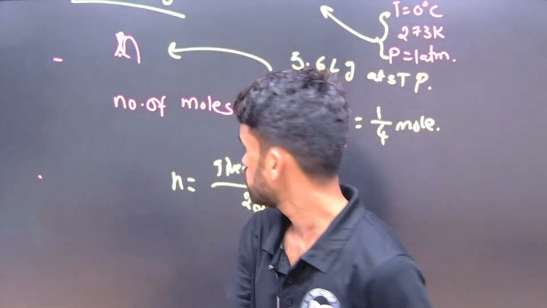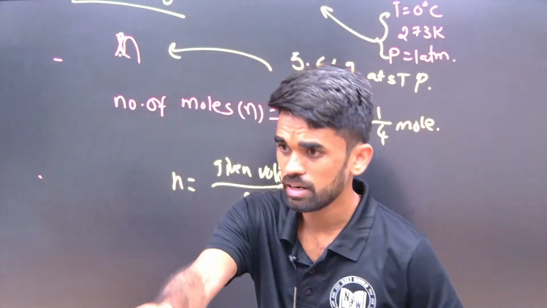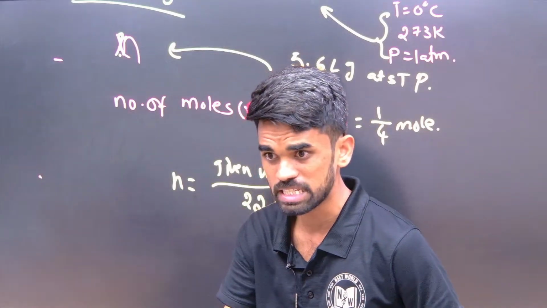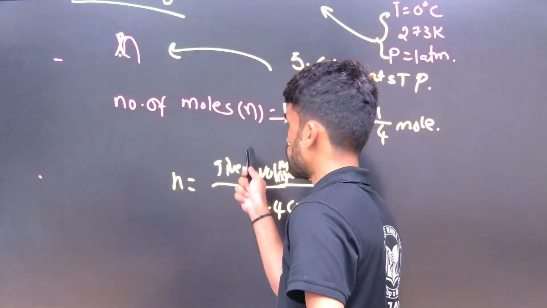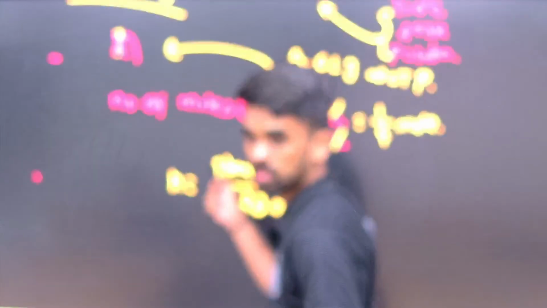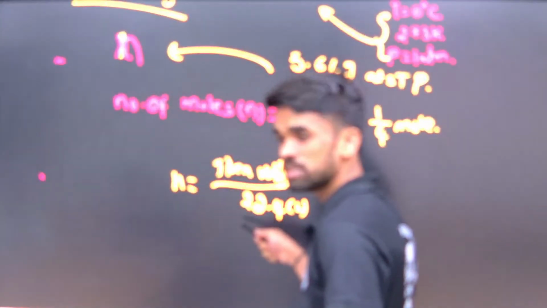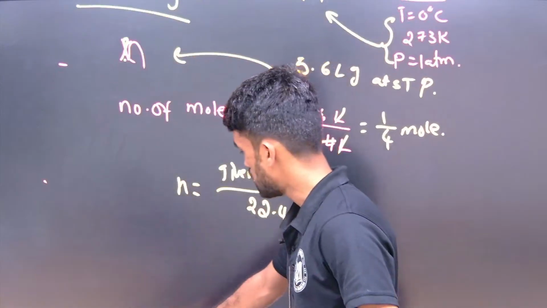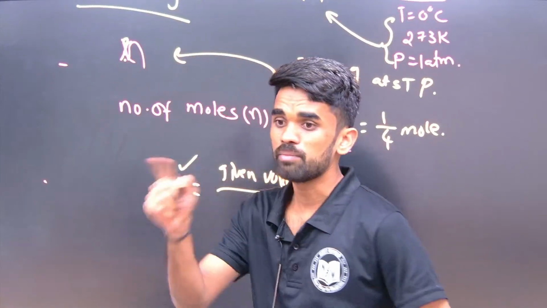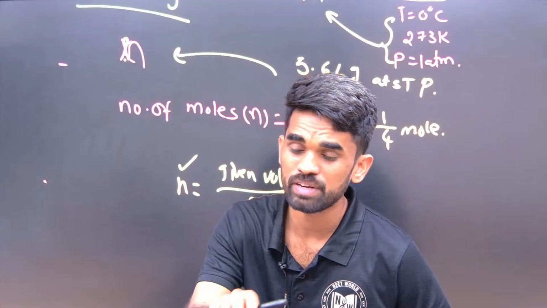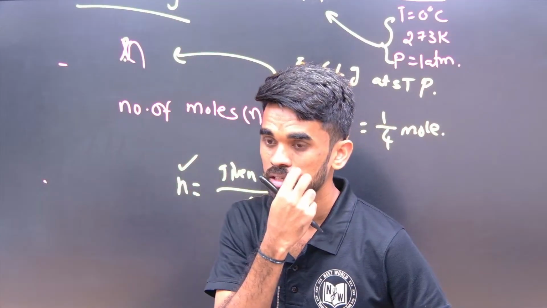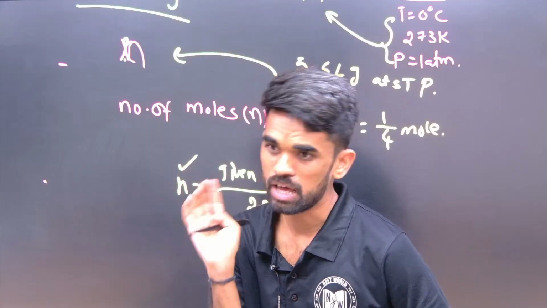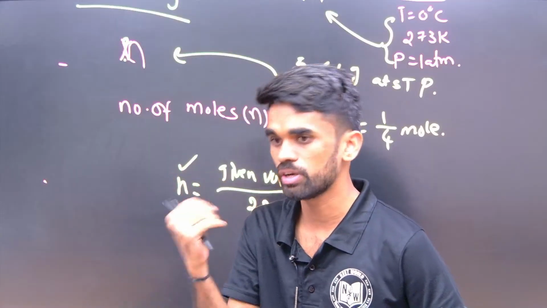See what I told you, first convert the given volume at STP into number of moles. How do you convert? Divide 11.2 by 22.4, so that you will get the number of moles. After getting that, what is the relation between number of moles and weight? Number of moles equals weight by molar mass. Do that, you are going to get the answer.